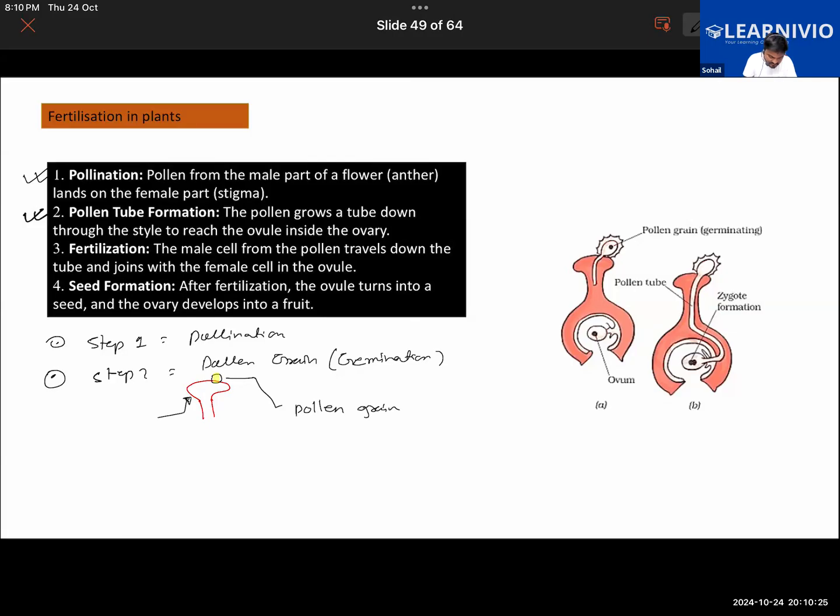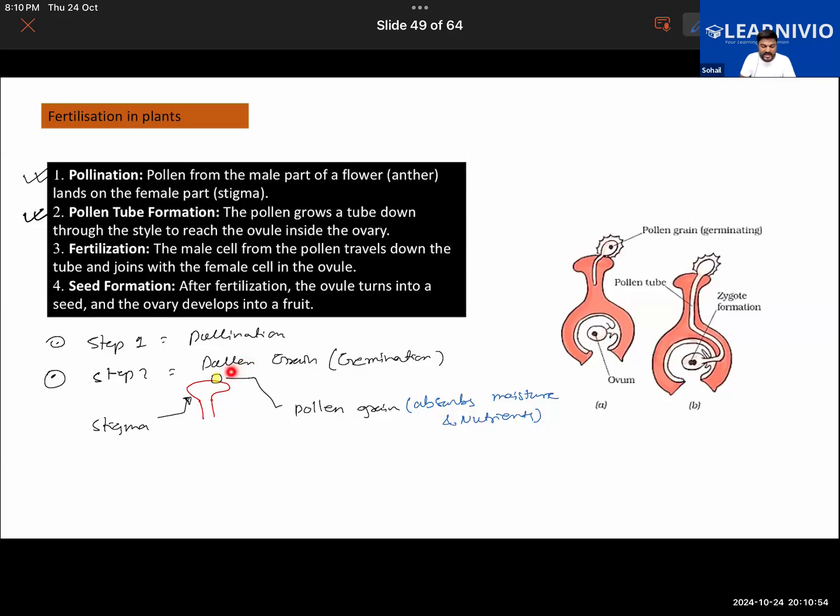It will start obtaining moisture and nutrition from where? The pollen grain will absorb the moisture and nutrients from the stigma. Got this, everyone? Yes, sir. Once it absorbs moisture and nutrients, the pollen grain will start to germinate.